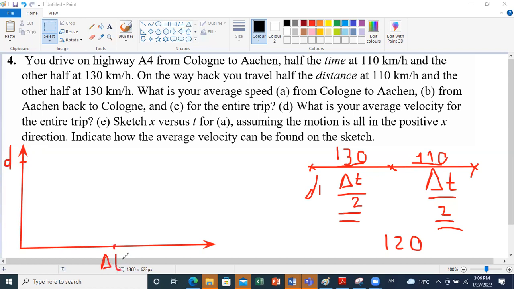Why? Because, as I said, these two phases are of the same weight factor. They are done for the same amount of time. So in total, I will travel a distance d with an average velocity of 120, which is just the middle of 110 and 130, the average value. So the total time is d over 120.